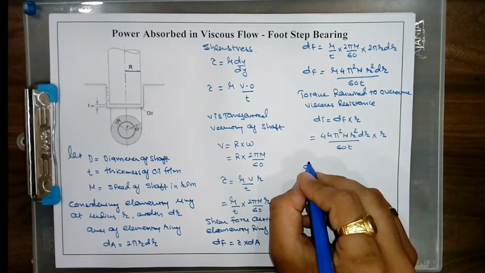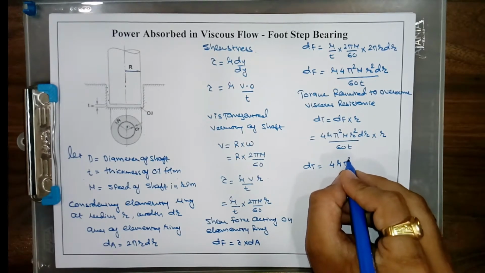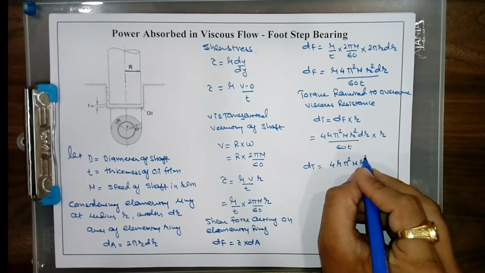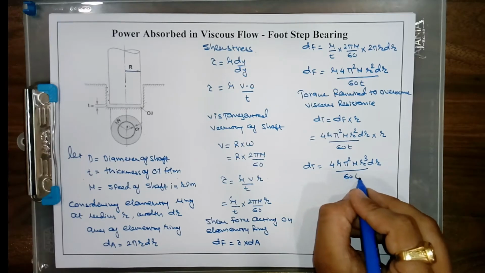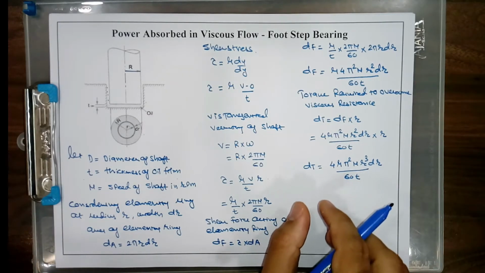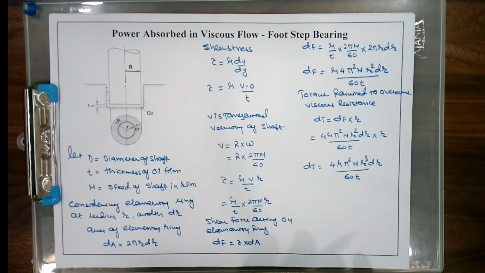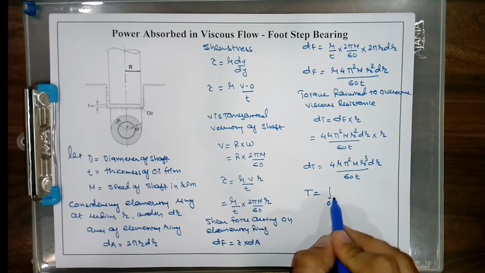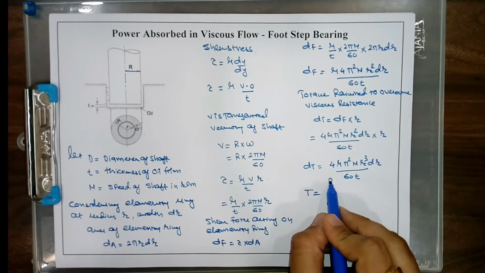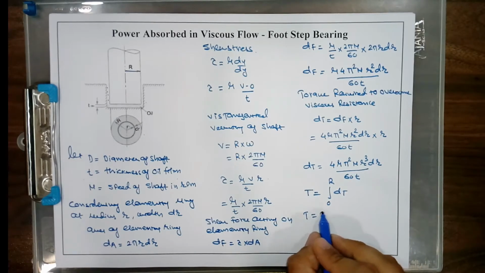So we get dT equals 4 mu pi square N r cube dr divided by 60t. So dT is the torque required to overcome the resistance for only the elementary ring. To find the total torque required, we need to integrate this dT over 0 to R.